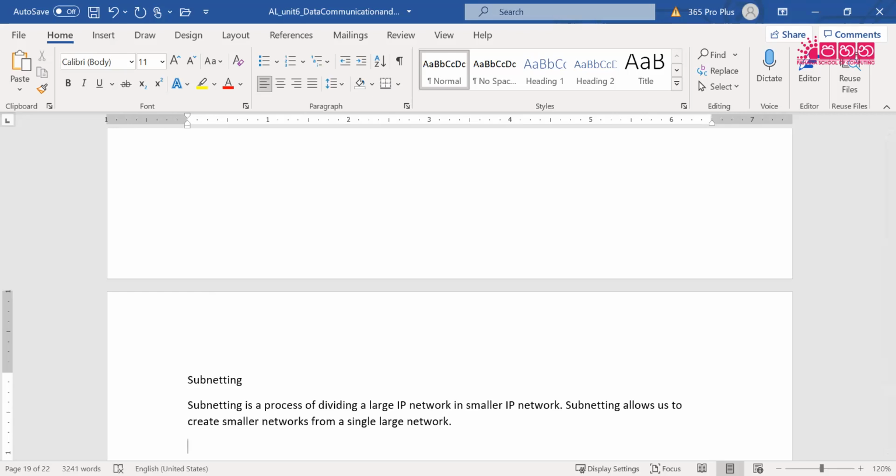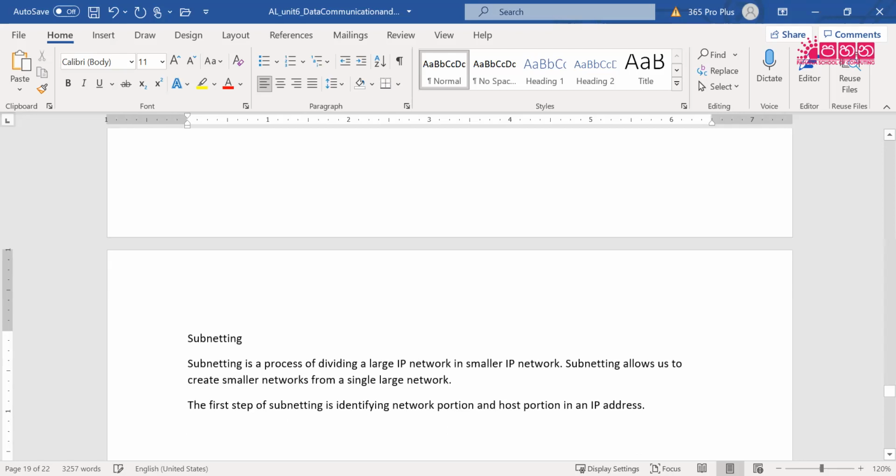Now let's look at how we are going to do this. The first step of subnetting is to identify the network portion and host portion in an IP address.